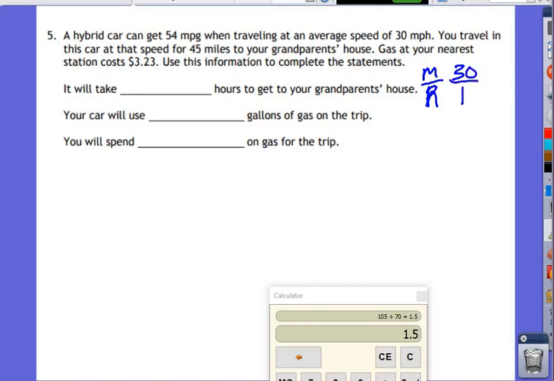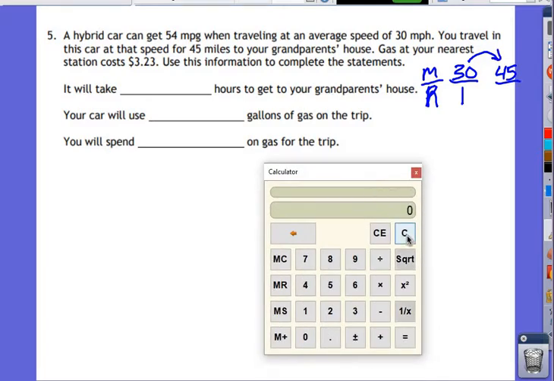1. Well, they told me how many miles it took to get to my grandparents'. How long did it take? 45 miles. I need to know how much time it took. So I need to know 30 times what gives me 45. How do I find that? Divide 45 divided by 30.